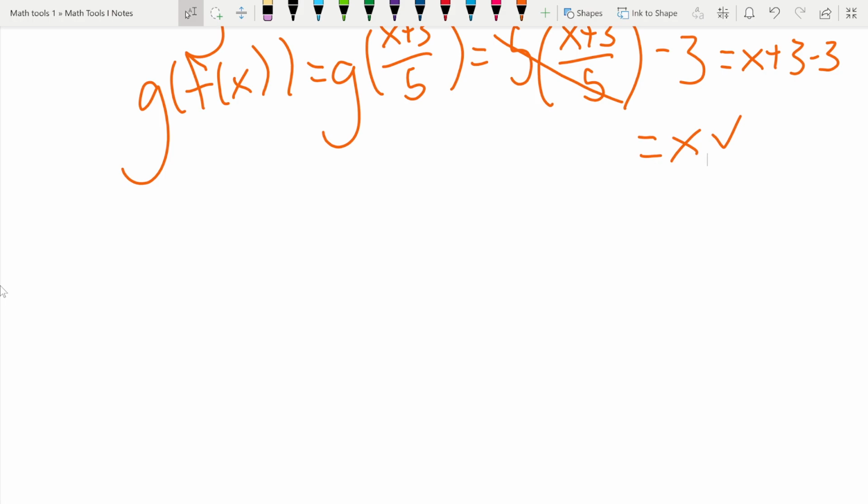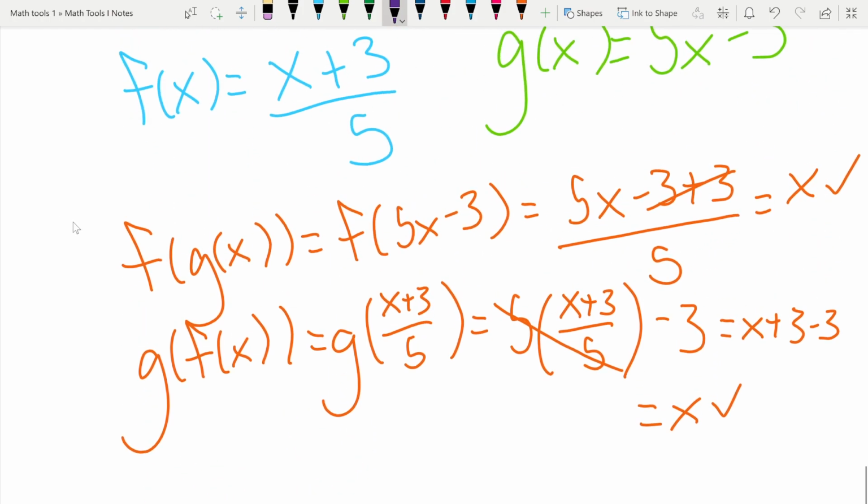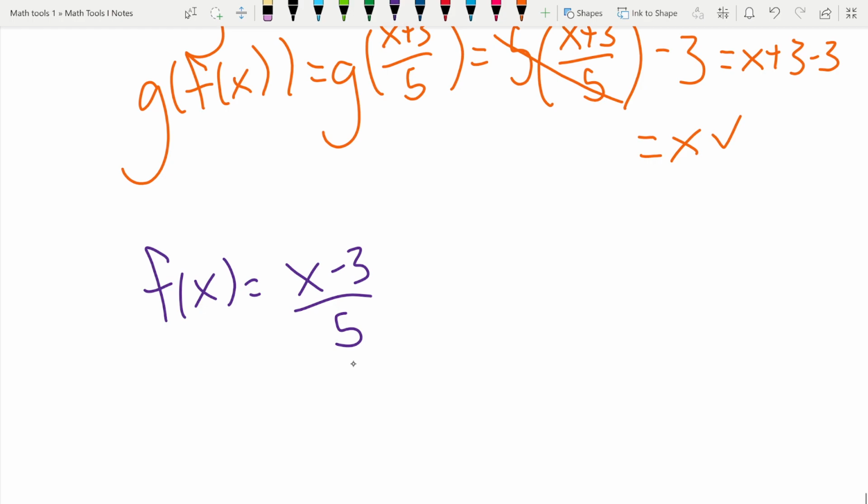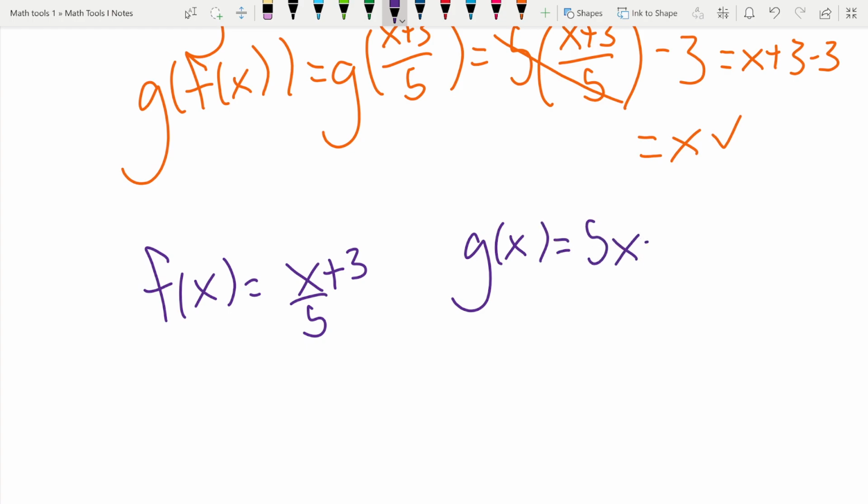Let's look at kind of a related problem here. If we had f of x equals x plus 3, what if we change this to x plus 3 and just divide the x by 5? And then g of x equals 5x minus 3. So this is another one where you might look at it and think, okay, it's plausible that these are inverses of each other.